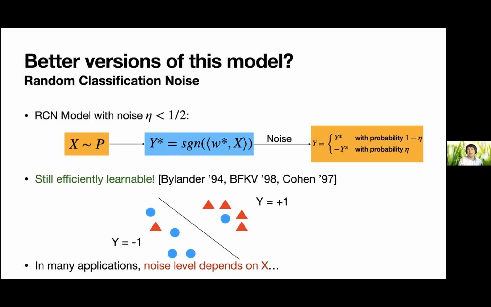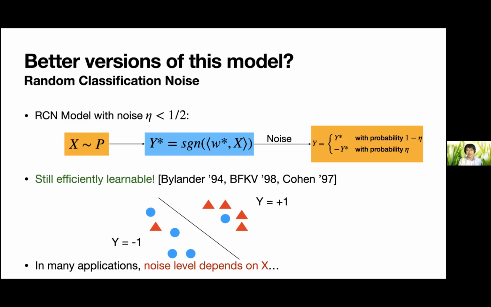Okay, so that's nice. But perhaps this model is still a little bit too idealized. And why is that? Well, one reason is that in a lot of cases, your noise level will depend on your example X. So for example, if you're doing a crowdsourcing thing, maybe there's some kind of rare X for which your labelers are not so familiar with them.